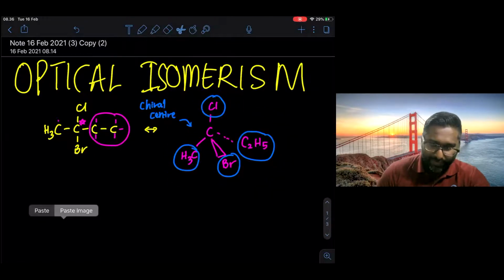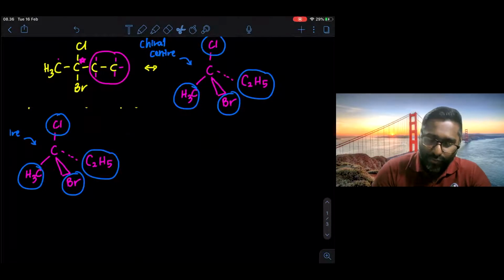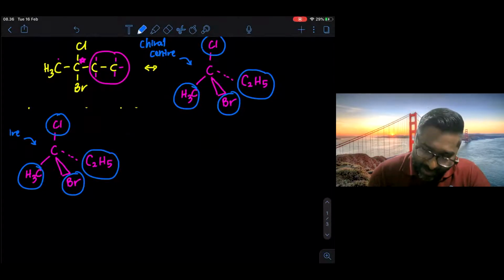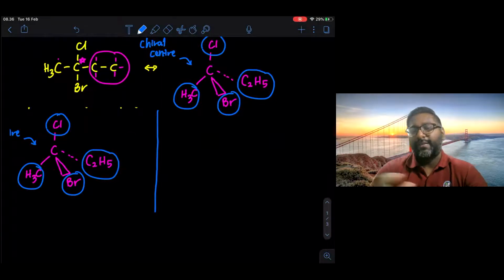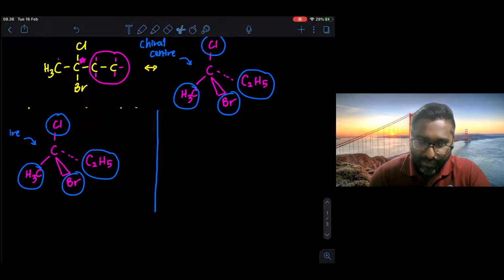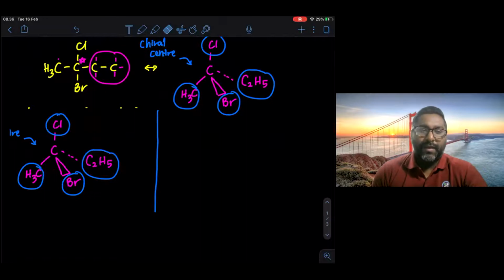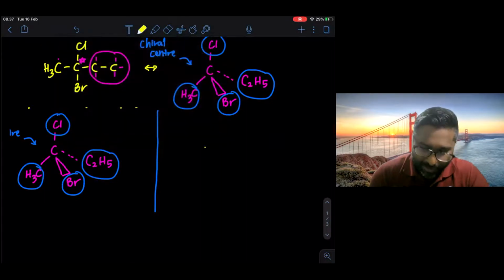Let's look at how we can draw optical isomerism. Let me paste the image over here. Optical isomerism means there is another isomer that is a mirror image of this particular arrangement. To draw that is quite easy. You just put the carbon over here.